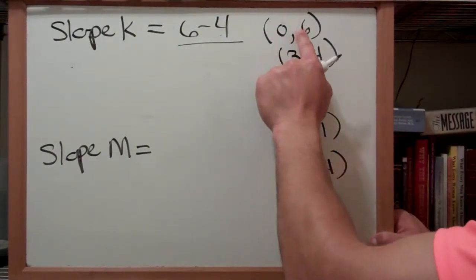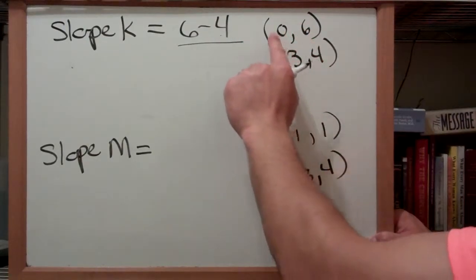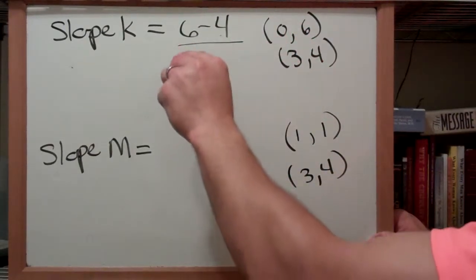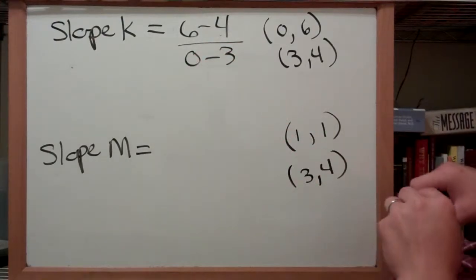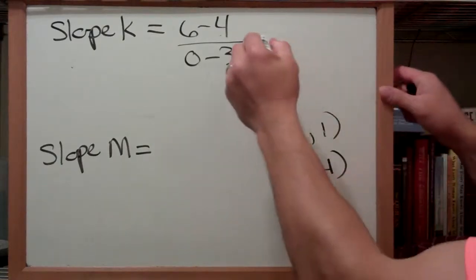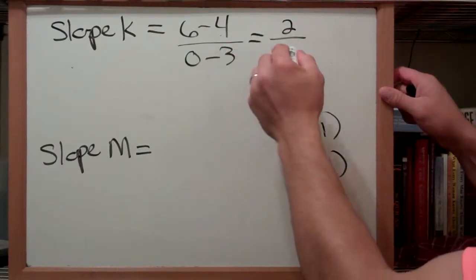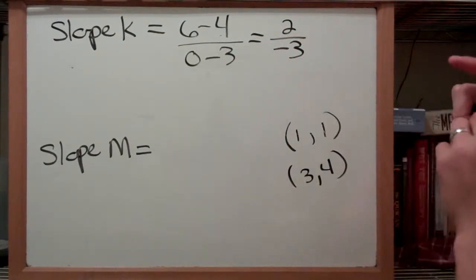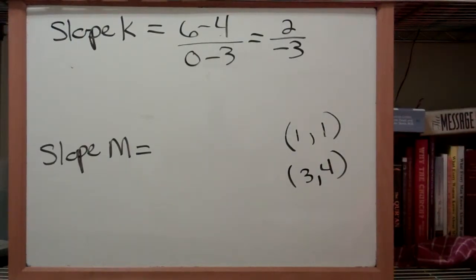We went in this order for the top, 6 minus 4, so we have to go in this order on the bottom, 0 minus 3. Here we can simplify and see that we're going to get 2 over negative 3, which yields a slope of negative 2/3.